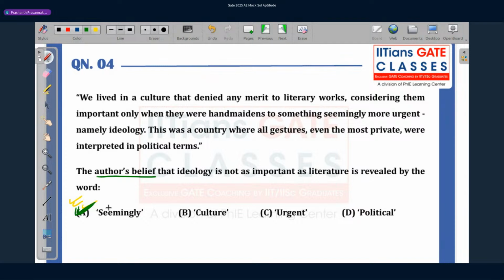Does anyone need any clarification regarding this? Anyone has any doubts here? Why A is right and B, C, D, these other words, culture, urgent, and political, are wrong.